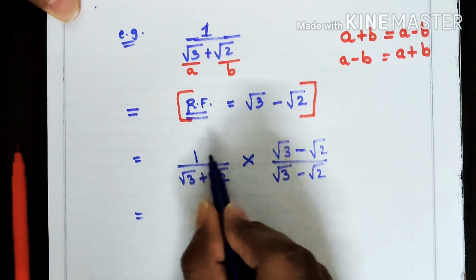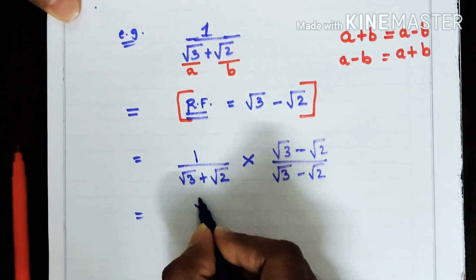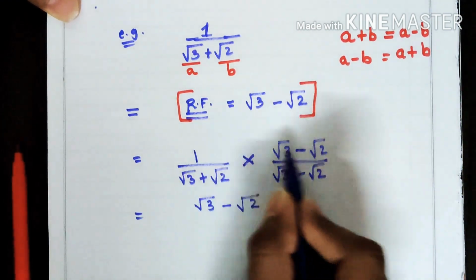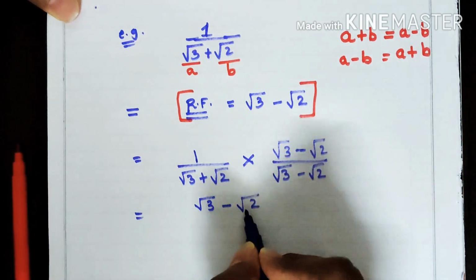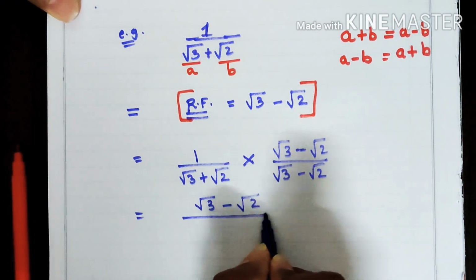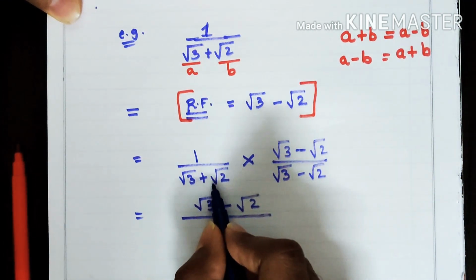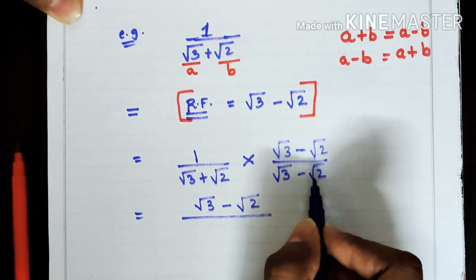Whenever any number is multiplied by 1, the answer is the same. So in the numerator, 1 multiplied by root 3 minus root 2 is root 3 minus root 2. Now in the denominator there are two terms, root 3 plus root 2 and root 3 minus root 2.